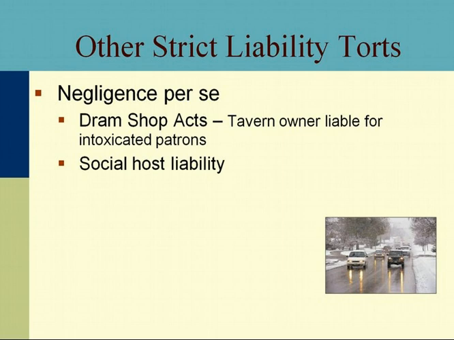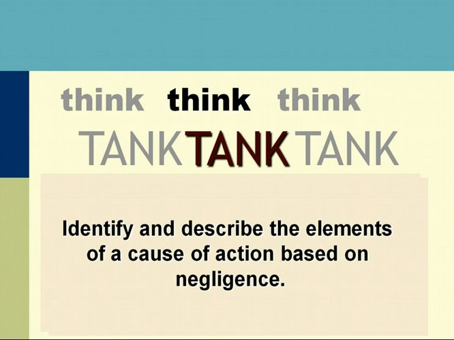The dram shop does not owe a duty to the person that was injured because somebody left their bar and hurt them, but it's strict liability, and the person that was injured by a drunk patron of a bar or a tavern can sue that shop. Many states also have social host liability. If somebody holds a party, they're serving alcohol, and a person goes out and injures somebody after that, then the host can be held liable, as well as the person that caused the accident themselves.